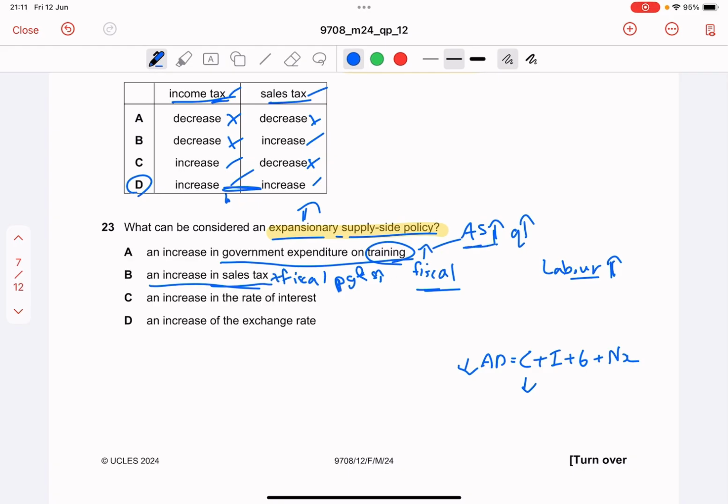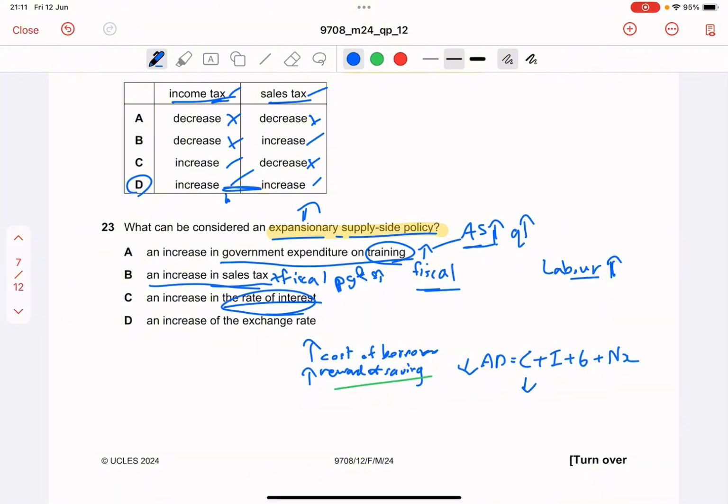Third one says an increase in the rate of interest. What is the rate of interest again? The rate of interest is the cost of borrowing and the reward for saving. So if the rate of interest increases, the cost of borrowing increases, the reward for saving increases, so it's more attractive to save, right?